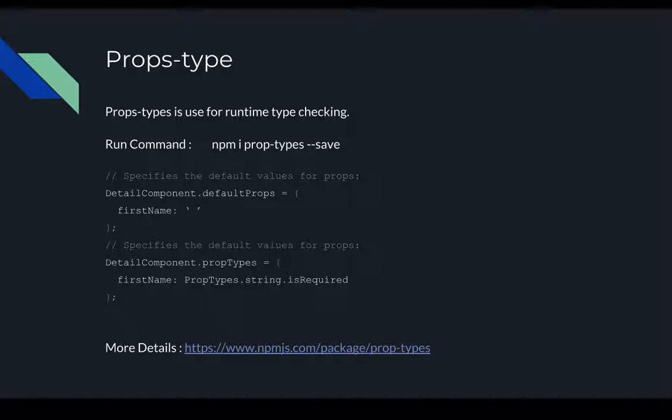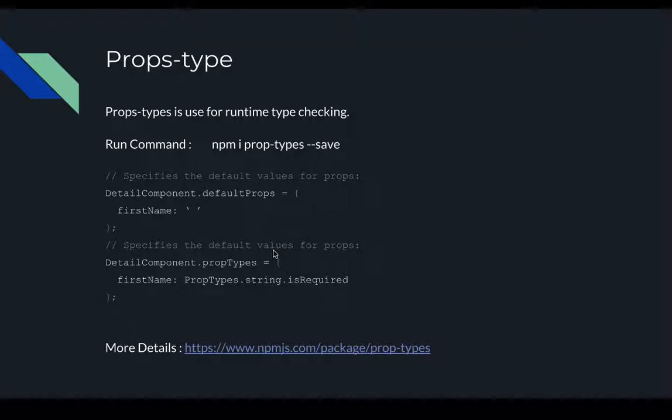To handle this situation, if someone is not passing a variable, you can take a default prop. Means if someone is not passing first name, then you take first name as a blank value. So the chances of breaking your application are very low.